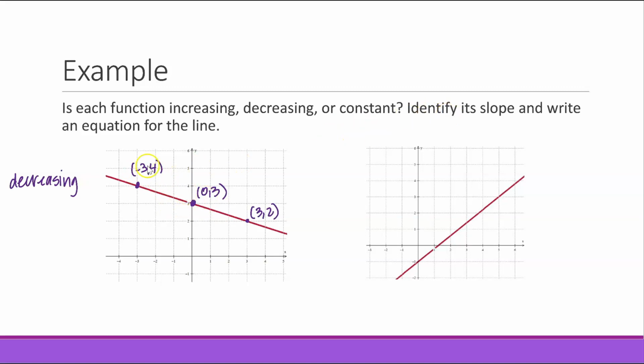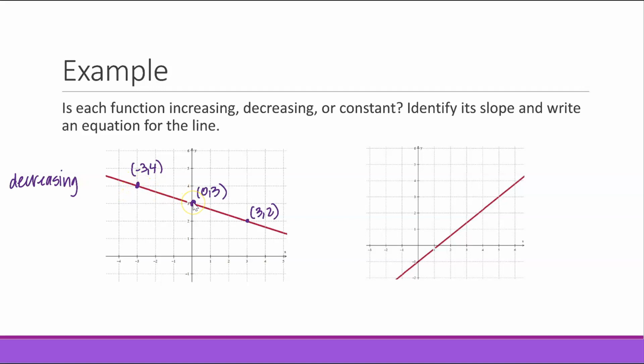So to find the slope, because I've written out the coordinate points, I could use the slope formula, y2 minus y1 over x2 minus x1. But we want to just be able to identify the slope by looking at 2 points specifically and figuring out, well, what is the set of instructions that takes me from one point to the other point. So let's say I start at -3, 4.